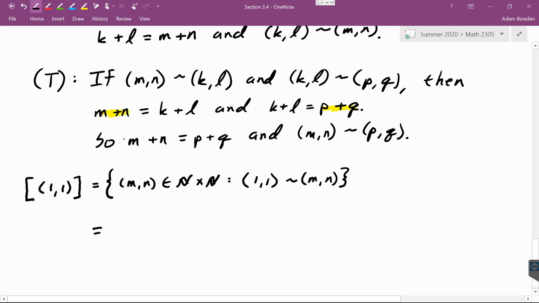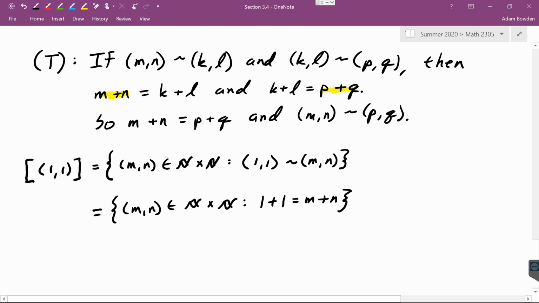If we read what our relation says, to be related to each other, 1 plus 1 has to equal m plus n. So we have to think about all ordered pairs where the two numbers add up to be the same thing as 1 plus 1, or 2, in other words.